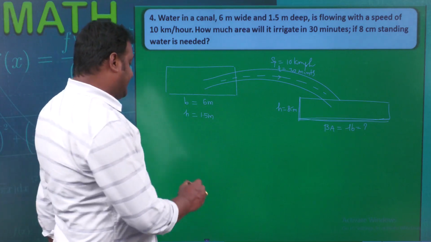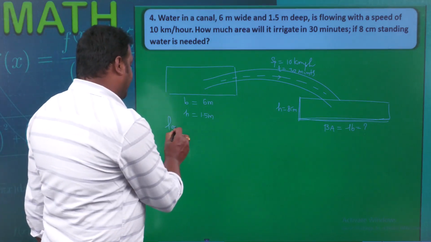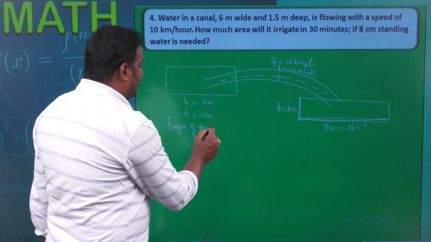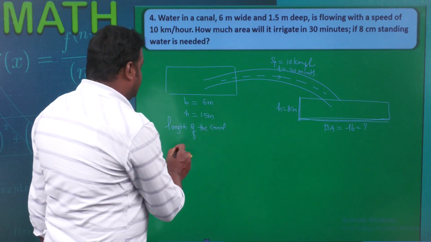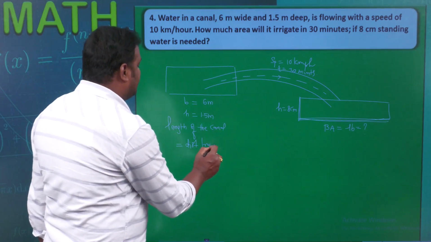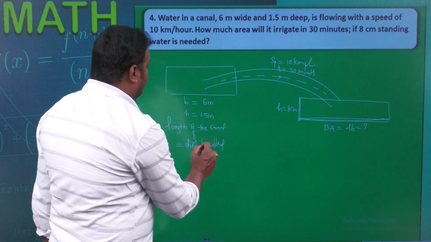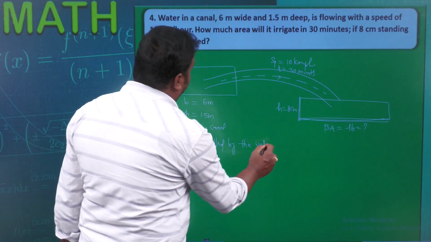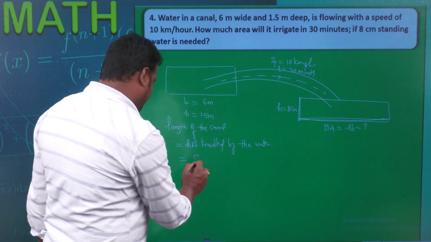So, that can be considered as the length of the canal. So, length of the canal is equal to distance travelled by the water, which is equal to speed multiplied by time.